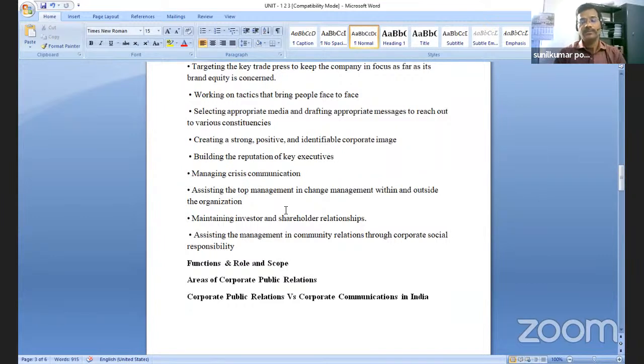So the corporate communication and corporate public relations personnel, who know how to handle the media, for example government officers and the public. So corporate communication is key in the organization, or a corporation.